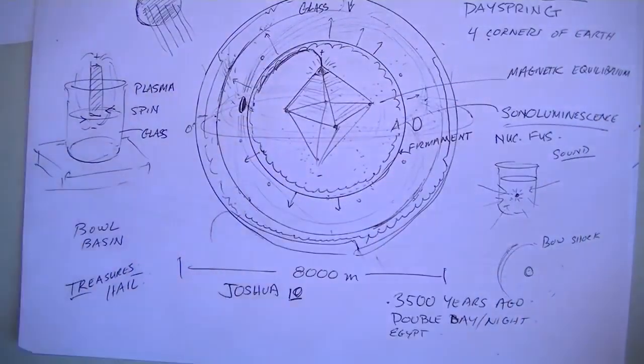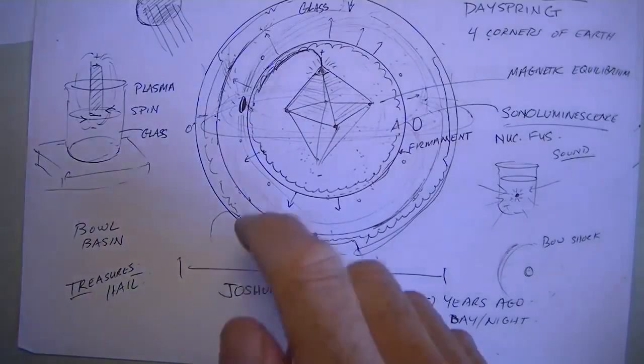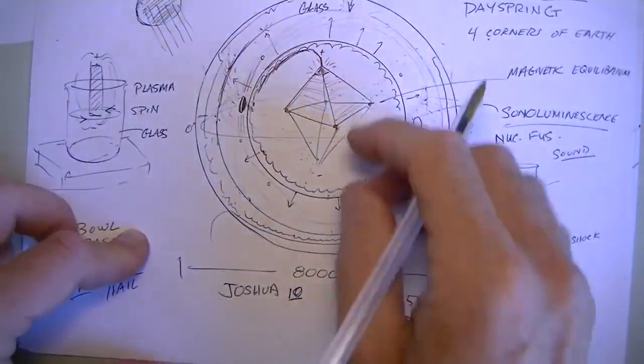So, going back to Joshua chapter 10, the verse before that, it says, And it came to pass, as they fled from before Israel, and were in the going down to Beth-horon, that the Lord cast down great stones from heaven upon them, unto Azekah, and they died. There were more which died with hailstones than they whom the children of Israel slew with the sword. So hailstone and sun stop, okay?